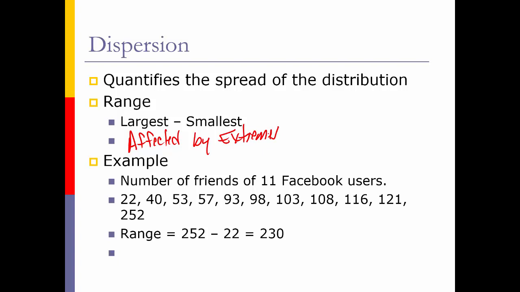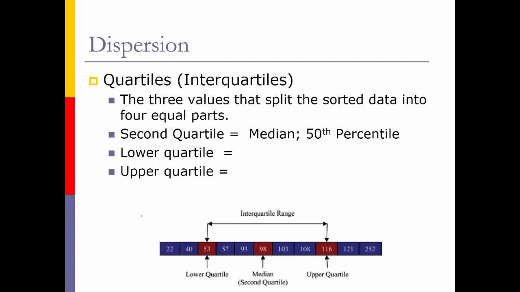So if we've got 11 Facebook users and we're going to count the number of friends that they have, the range is 220, but we essentially have what we would call outliers. And when you look at it, this 252 really does change the range as well as the mean of all of those friends and the number of the friends of the Facebook users.